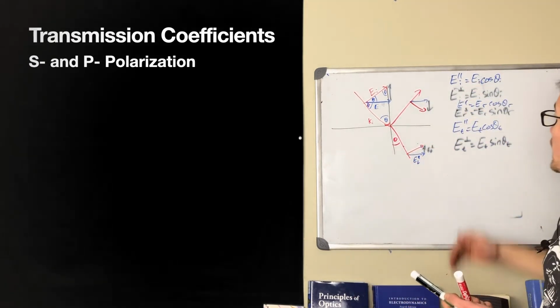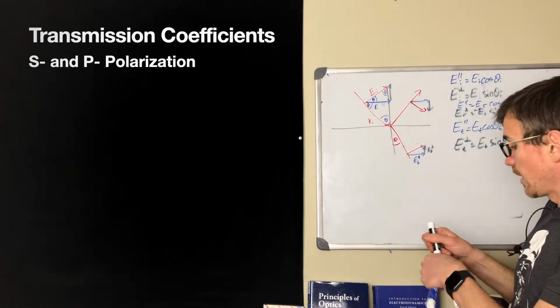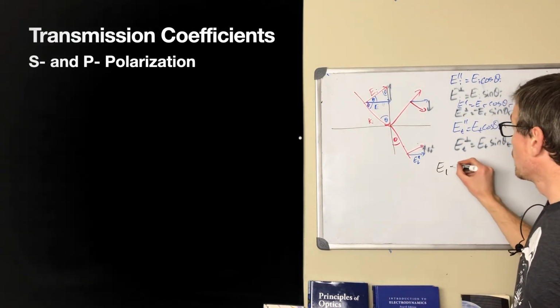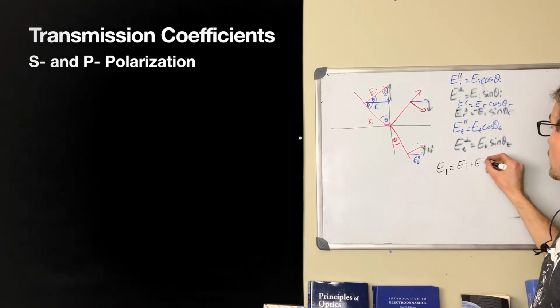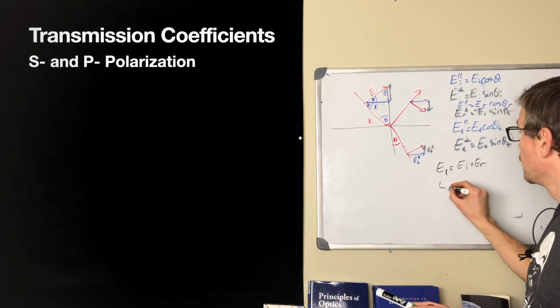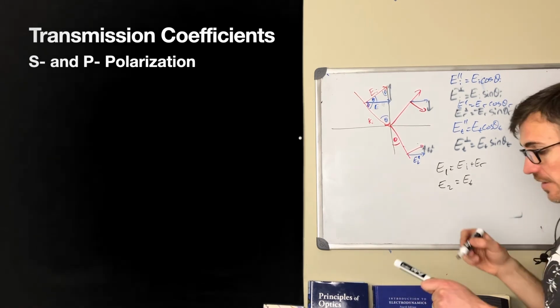Okay? And this is what we have, right? We have these relations between these fields here. We also have our electromagnetic boundary conditions. So we have that E1 is equal to E incident plus E reflected. And E2 is equal to E transmitted.